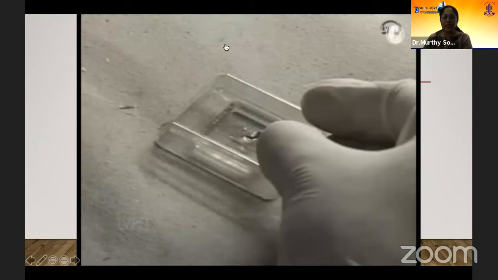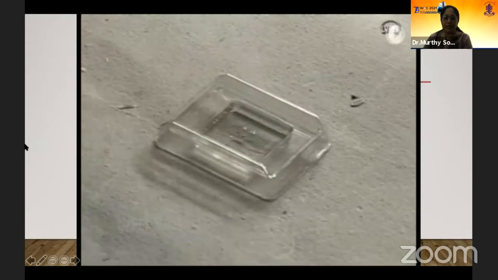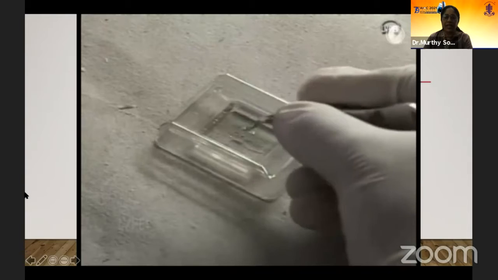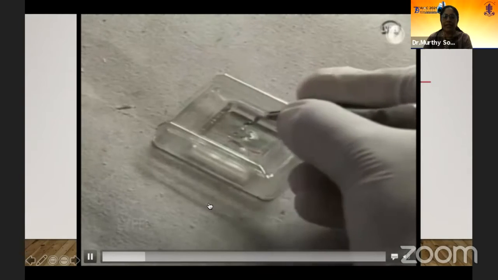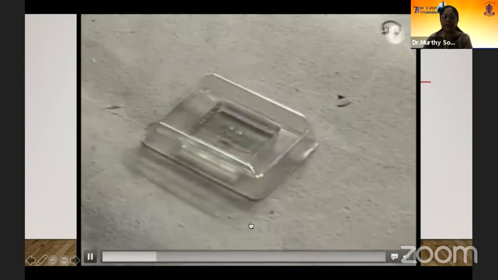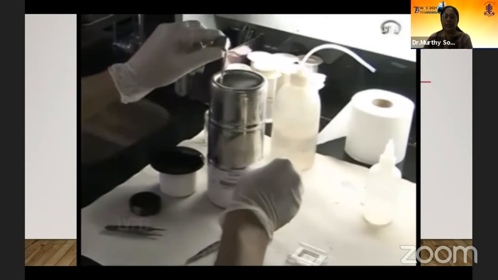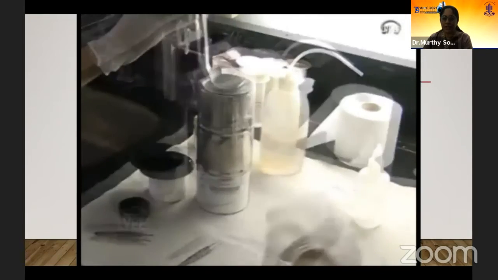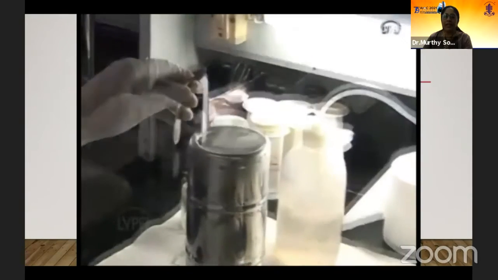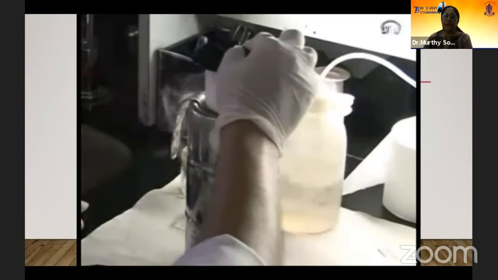What happens to the sample is that we should take a conjunctival biopsy from the area, and immediately that particular sample is placed on OCT or optimal cutting temperature medium. In this medium, the tissue is laid out flat. And this is liquid nitrogen, in which we immediately freeze the tissue.